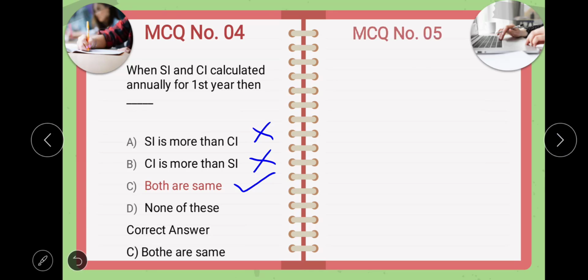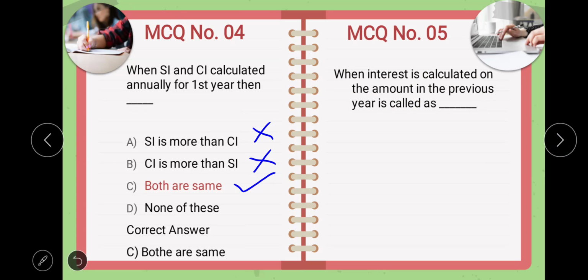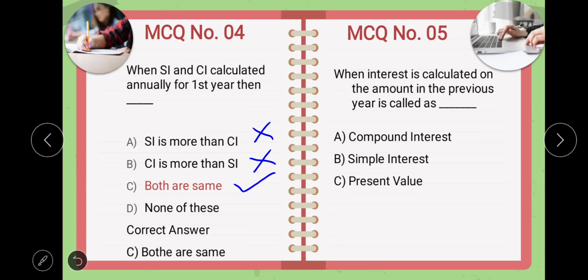Next question. Question number 5. When interest is calculated on the amount in the previous year, it is called as, and the options are option A, compound interest, option B, simple interest, option C, present value, and option D, amount.